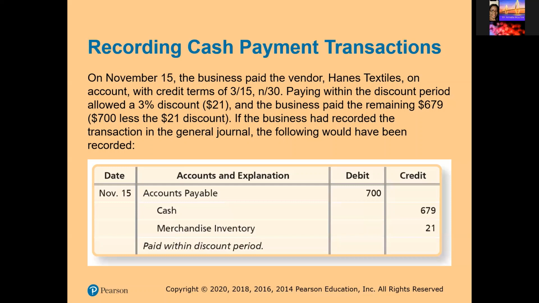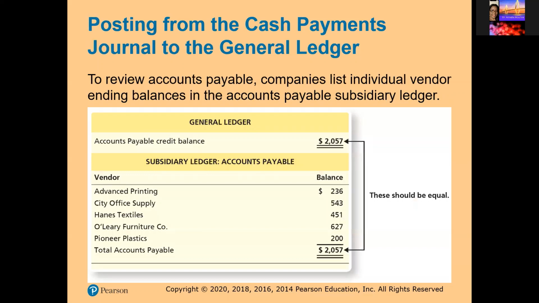All transactions involving cash payments are recorded in the cash payments journal. Entries in the cash payments journal are posted daily to the accounts payable subsidiary ledger and monthly to the general ledger.